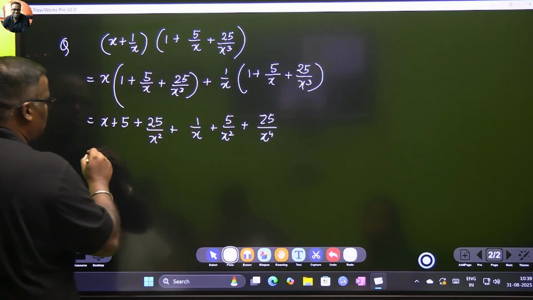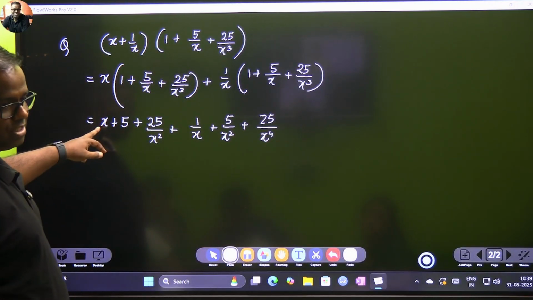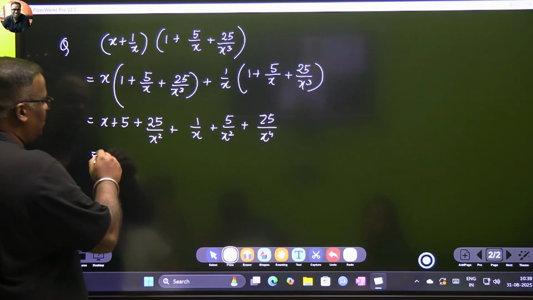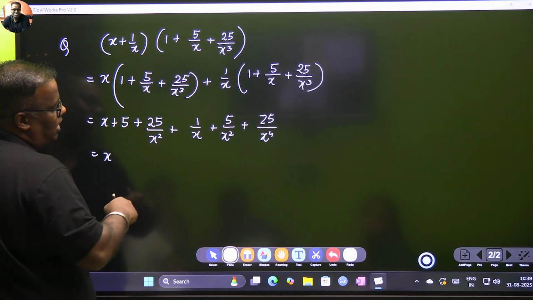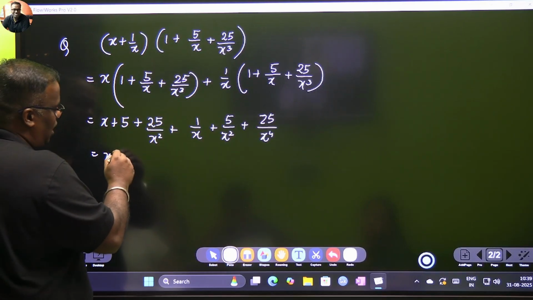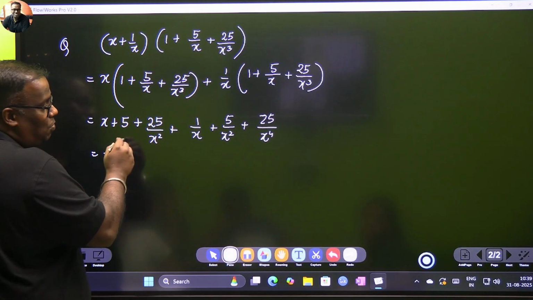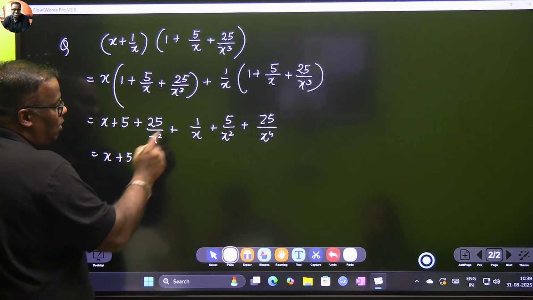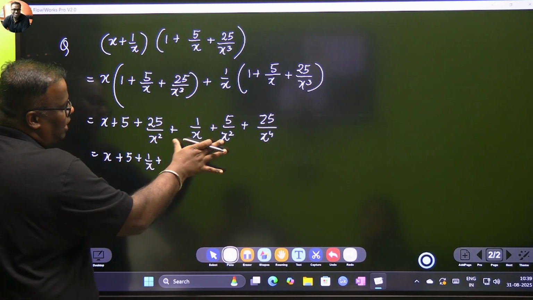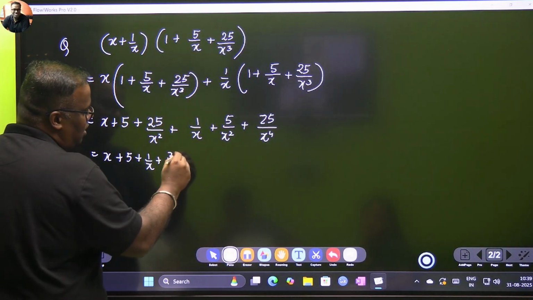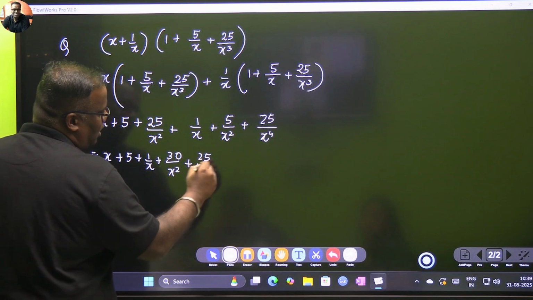Just look out for similar terms, in increasing order of degree. X is the biggest degree actually. So we have an x, then 5, then 1 by x. This is x to the power 1, 5x to the power 0, then x to the power minus 1, which is 1 by x. Then these two add together to make it 30 by x square. And then I'm left with 25 by x to the power 4.